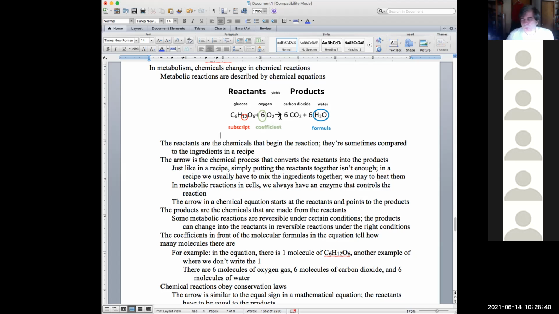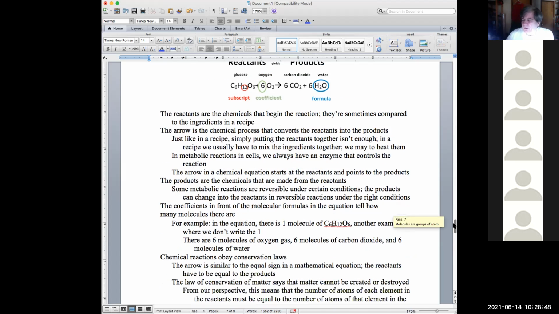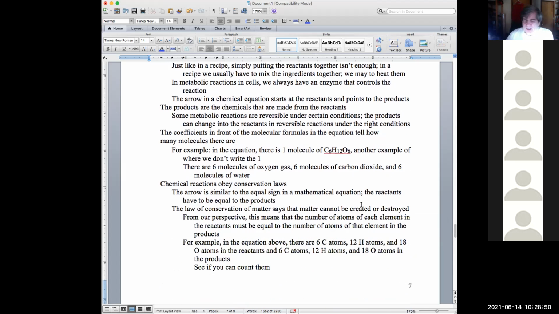Now, this equal sign and the things that are equal on both sides, these obey certain laws. Remember what we said, laws were hypotheses that have been tested in a lot of experiments and they're never disproven. These laws are called conservation laws.